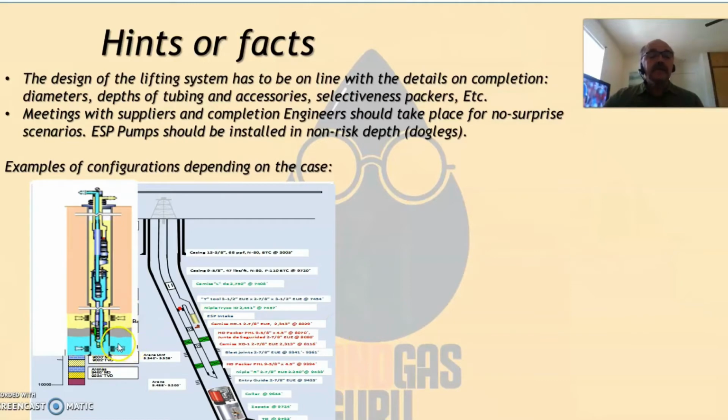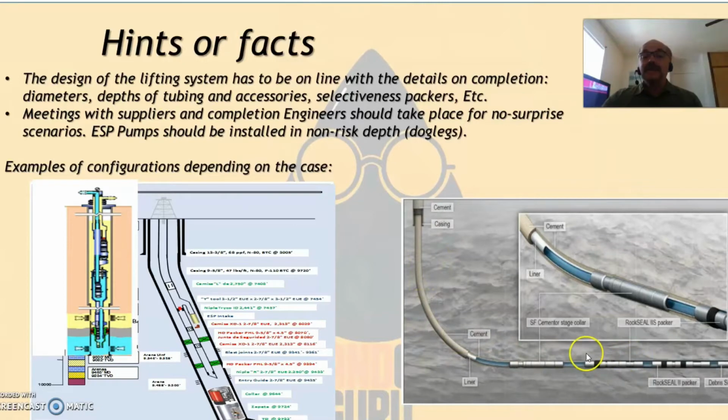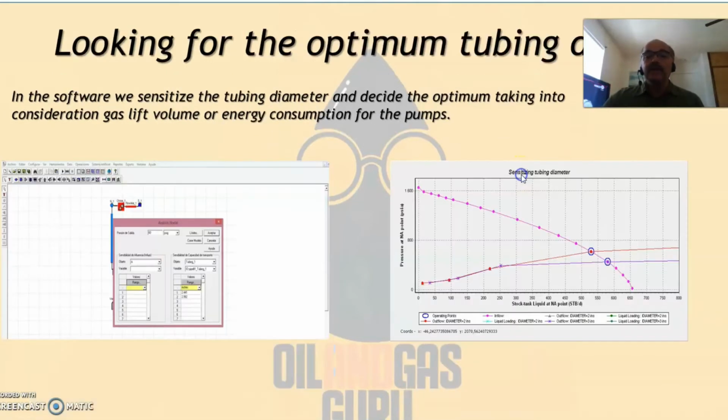If we don't want to produce commingled, we can produce through the casing with one pump and through the tubing with another pump. And we also have the horizontal wells. We can use an open hole with frac points, set the packers and do the fracking. Or we can cement it, shoot it and frac it.